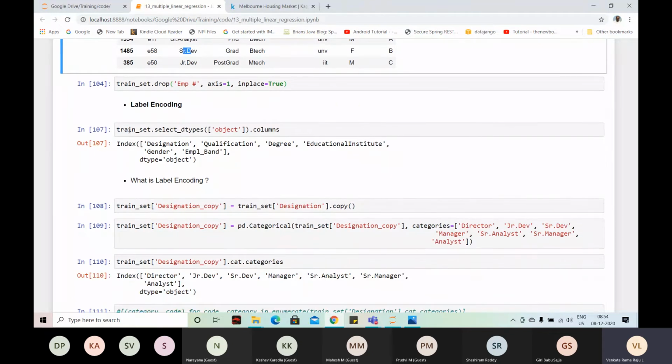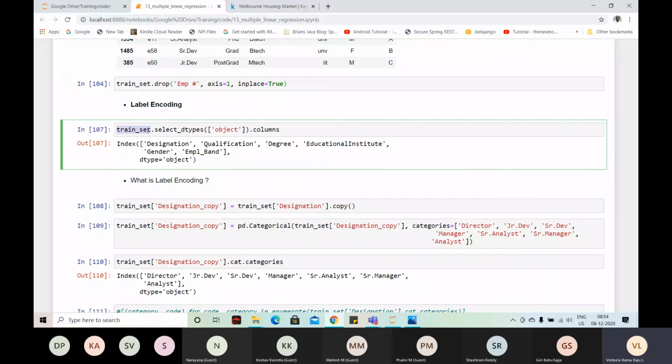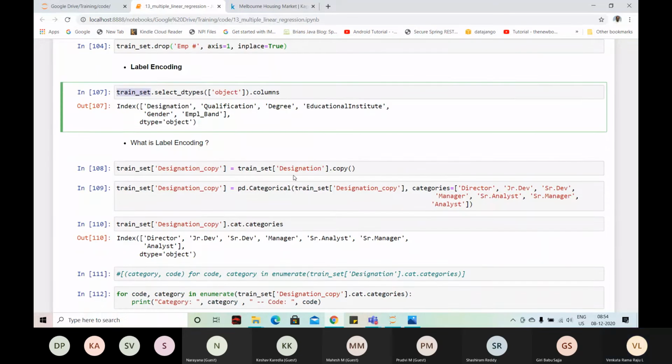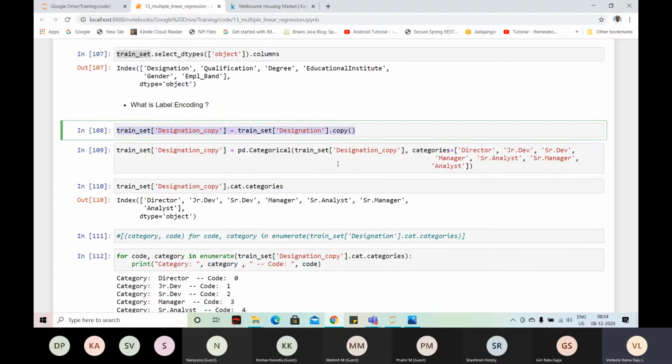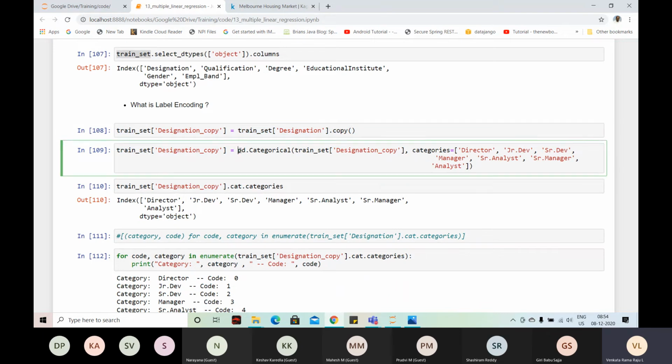So to do that, you need to take the data frame. I actually took a copy of it, but I'm doing this experimentally here to show you. I took a copy of it and then converted my categorical column, one by one, into the categorical data type in pandas.